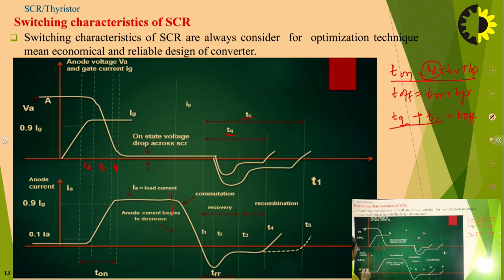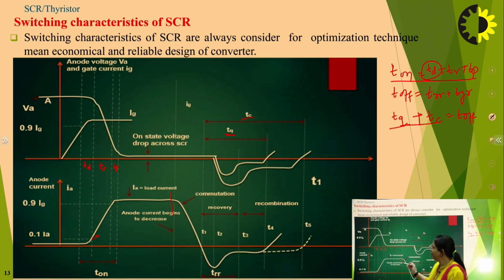You can see here the delay time can be defined as the time from when the gate current reaches 0.9 Ig to the instant the anode current reaches 0.1 Ia. Here gate current Ig and anode current Ia are representing the final values of the gate current and the anode current respectively.